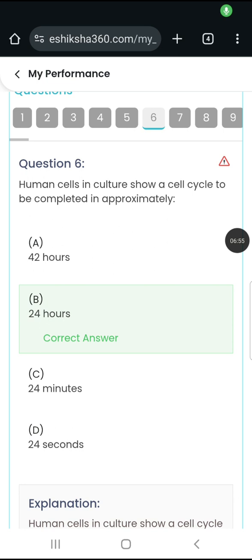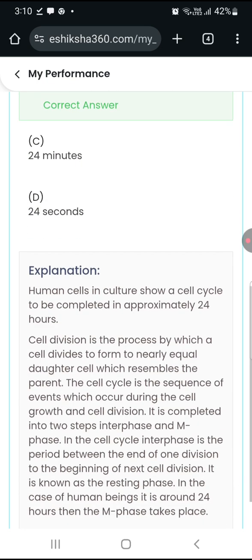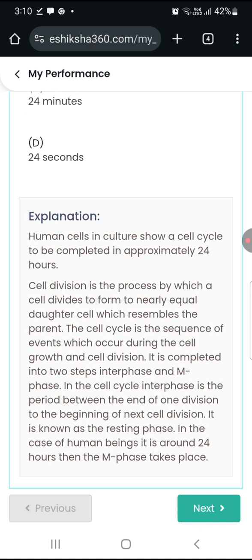Human cells in culture show a cell cycle to be completed in approximately 24 hours. Explanation: human cells in culture show a cell cycle to be completed in approximately 24 hours. Cell division is the process by which a cell divides to form two nearly equal daughter cells which resemble the parent. The cell cycle is the sequence of events which occur during cell growth and cell division.